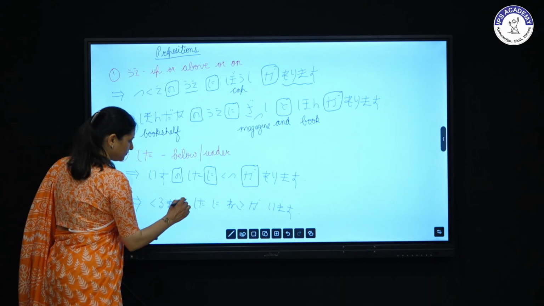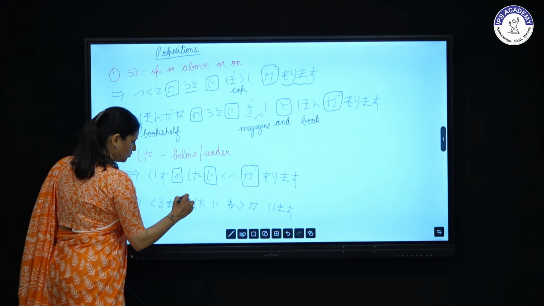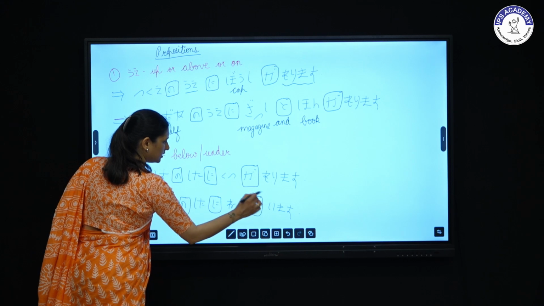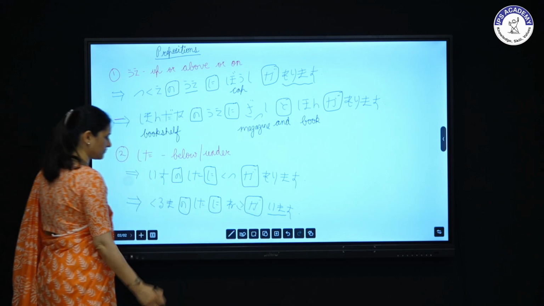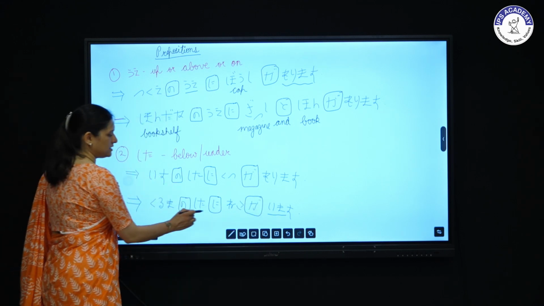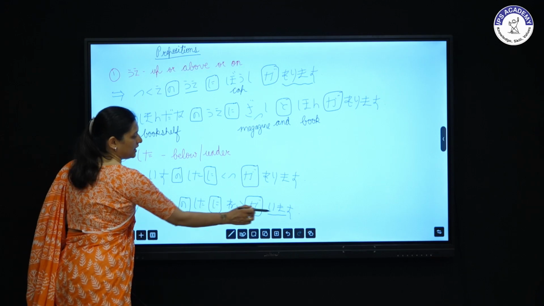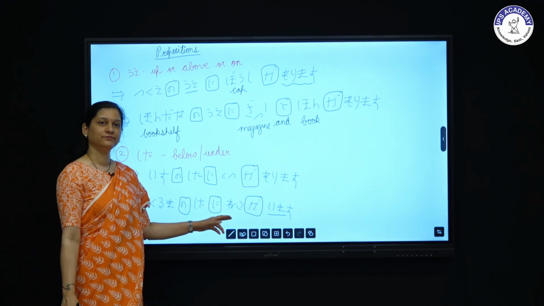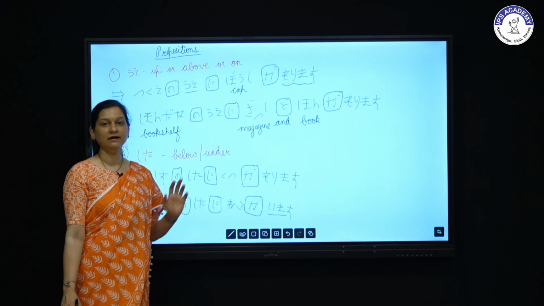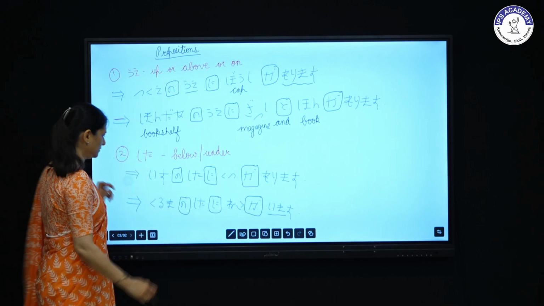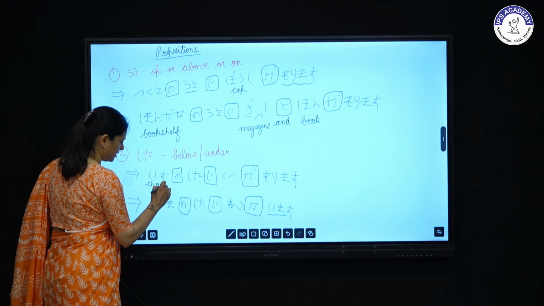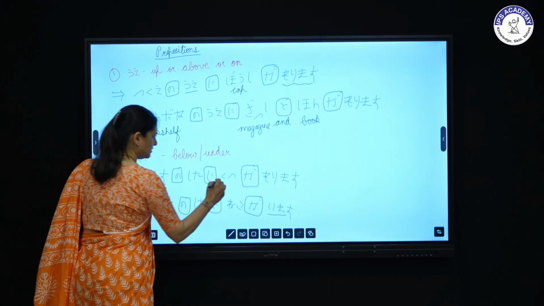Second example. Kuruma no shita ni neko ga imasu. Car के नीचे cat है. Cat being a living thing, we use imasu at the end. Okay. Wakarimasu ka? Okay. So I'll just write the meanings.